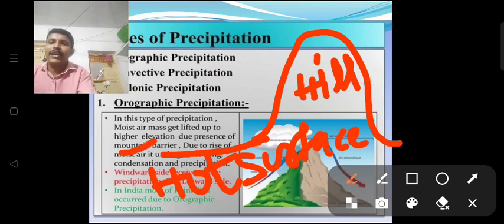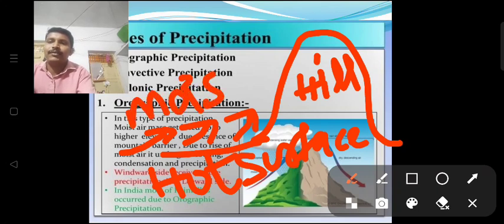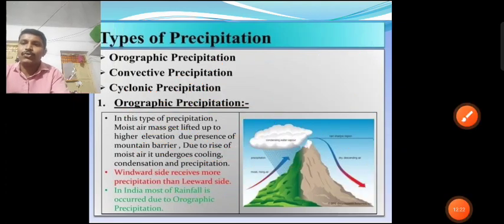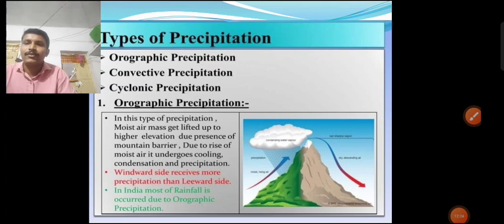The cold air is converted into moist warm air due to hot surfaces. The moist air is lifted up into the higher elevations due to the presence of mountain barriers. Due to the rise of moist air, it undergoes cooling, condensation and precipitation.